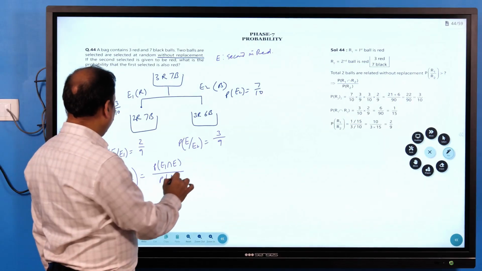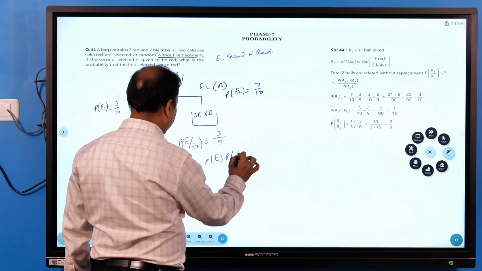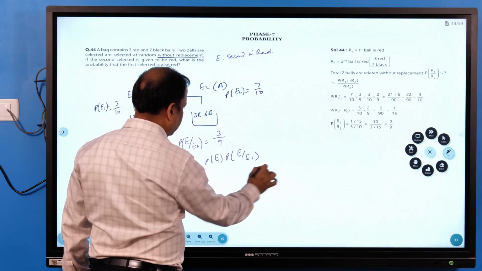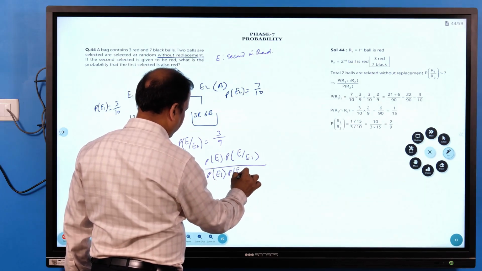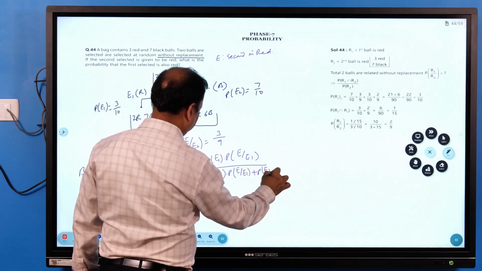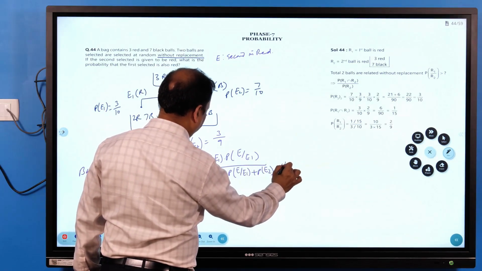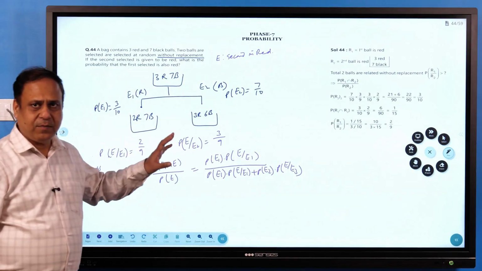So this is equal to probability of E1 into probability of E upon E1, upon probability of E1 into probability of E upon E1 plus probability of E2 into probability of E upon E2. This whole story you have to write for your board exams only.